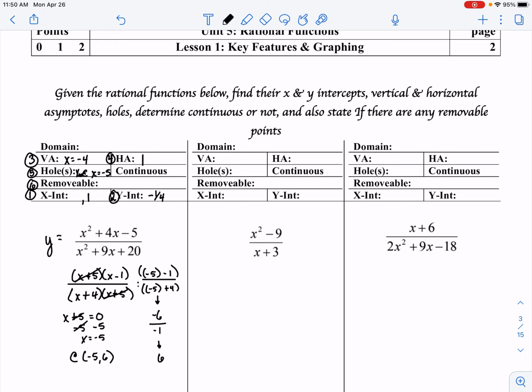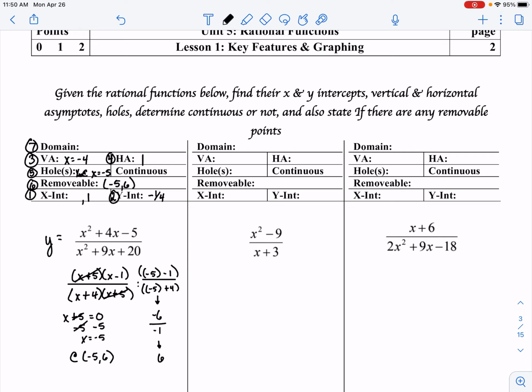To finish this up, we talk about domain and range, really mainly just focusing on domain again, hitting it really quick. Domain can be every and all real numbers except for where the breaks in our graphs occur.